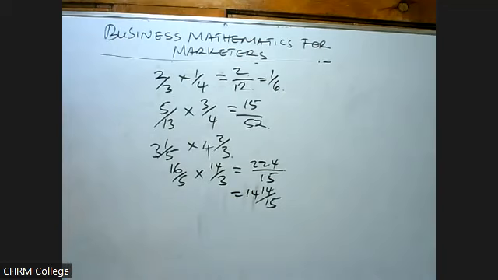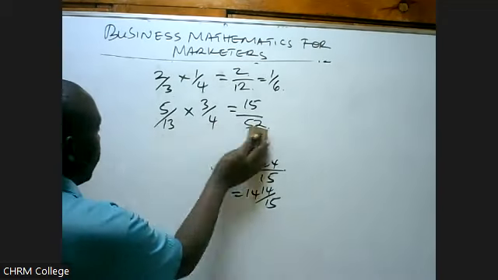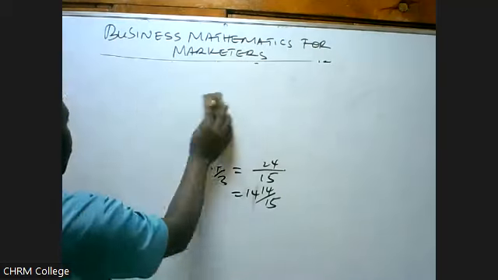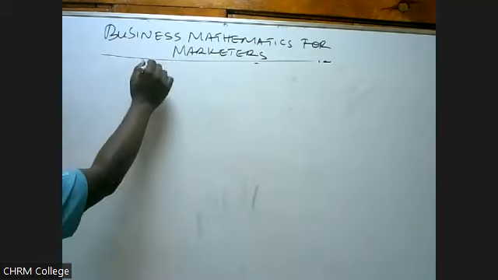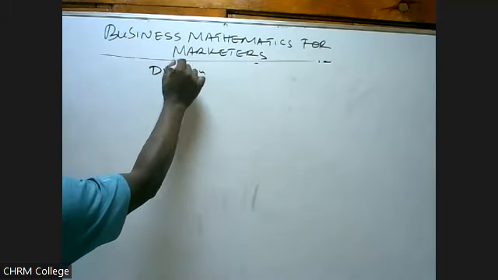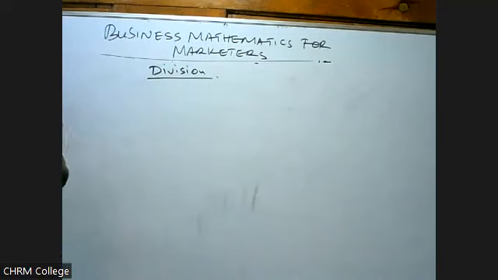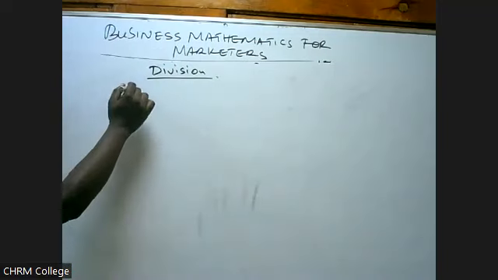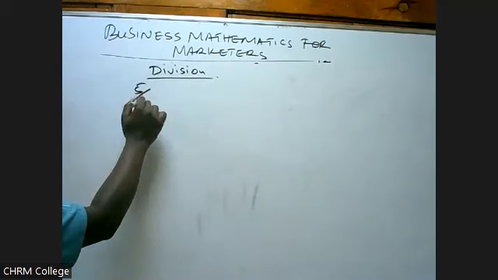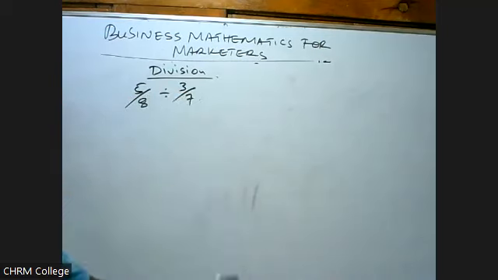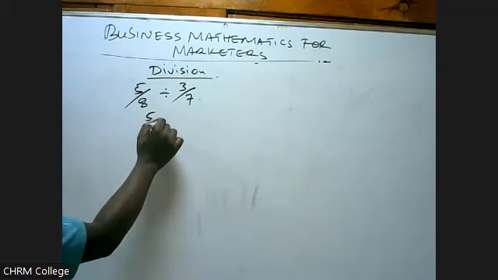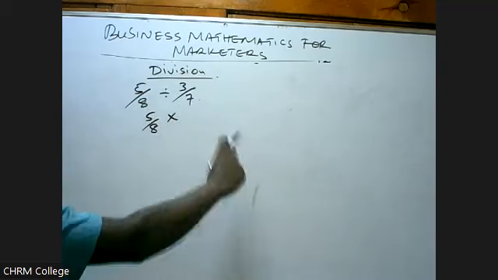Allow me now to take it to the last operation, which is division. Division of fractions. For the division, for example, you have 5 over, let me say 8, divided by 3 over maybe 7. For you to be able to do that division, you will take the first fraction, which is 5 over 8, and multiply with the reciprocal of the second.